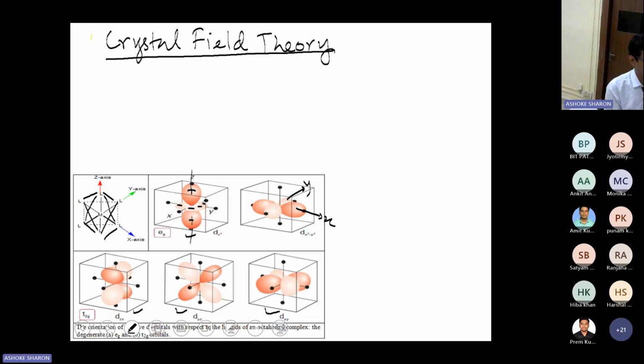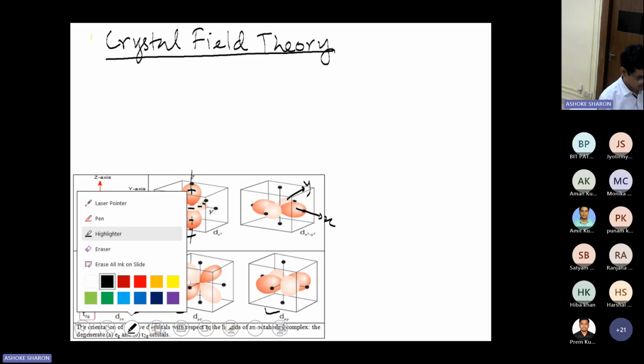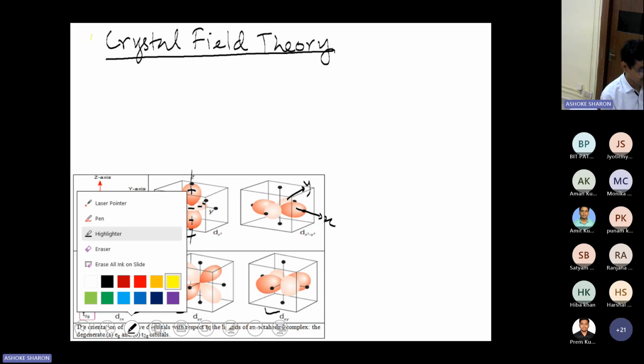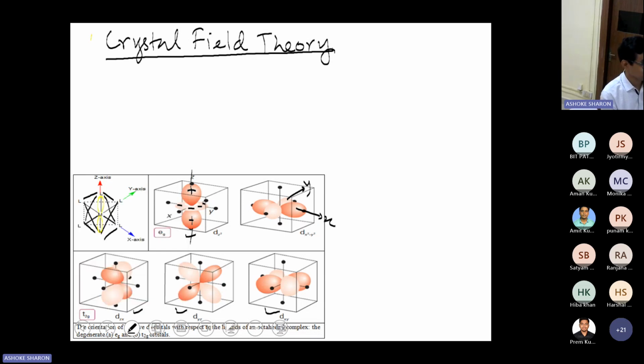all the 6 ligands are forming bonds with two orbitals. One is dz square, that is this bond, and the other four bonds are along the dx square minus y square orbital.